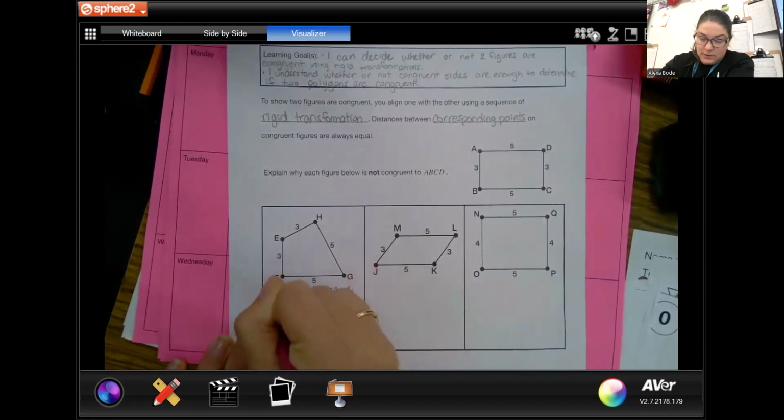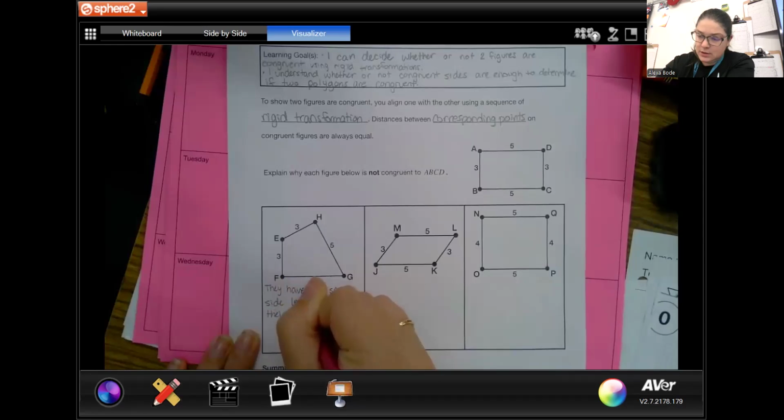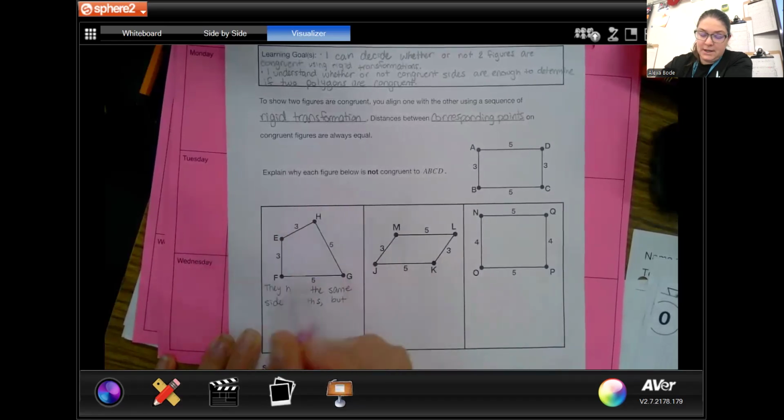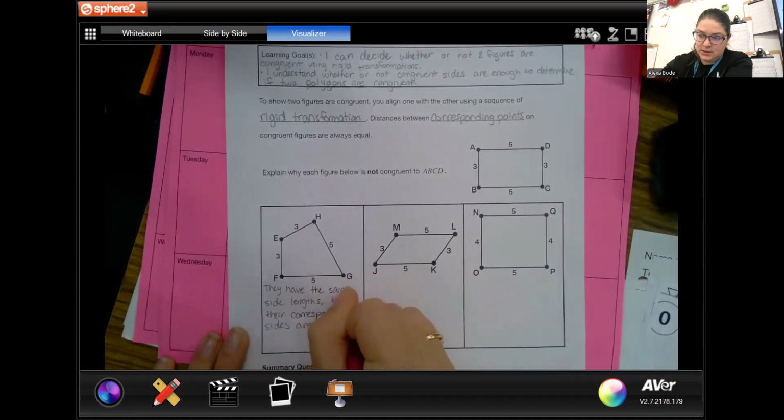But their orders, okay, I don't know if I like what this says. Hold on. Go back. But their corresponding side lengths are not the same.